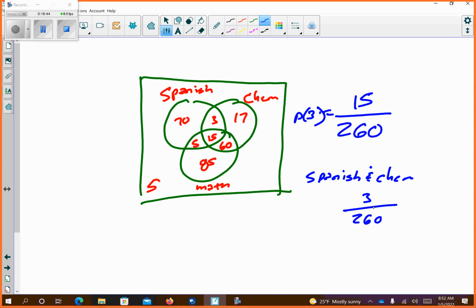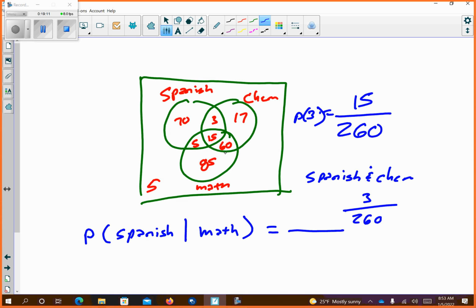But then let's look down below where they do the probability. Probability Spanish, and the student is in math. Okay? So, how many students are taking a math class?